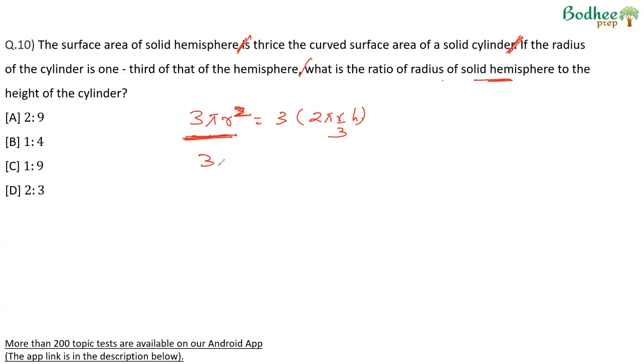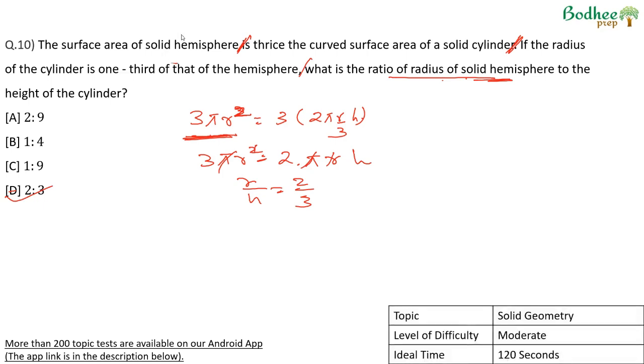So if we expand this, we get 3 pi r square, 3 and 3 cancel, is equal to 2 pi r h. Pi and pi cancel, r square cancels. Therefore, r by h will come out to 2 by 3. What is the ratio of radius of solid hemisphere r to height of cylinder? R by h is 2 by 3, which is my answer. I think a relatively easy question, about a minute and a half to solve.